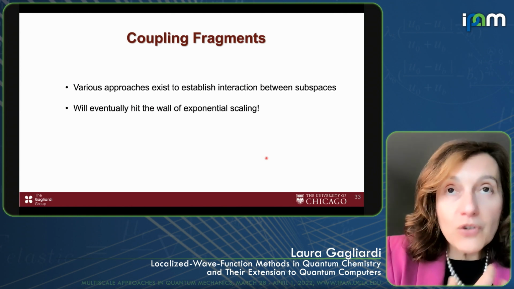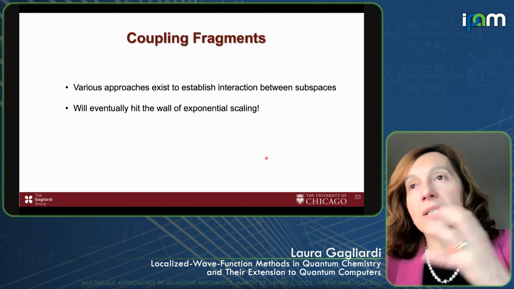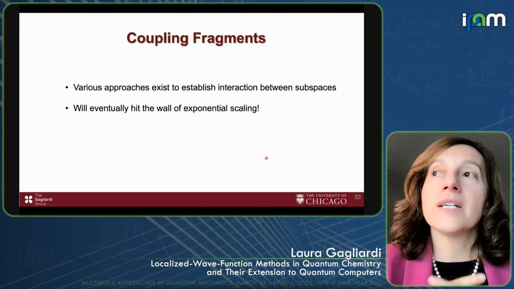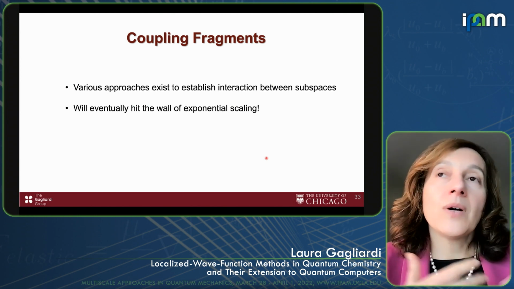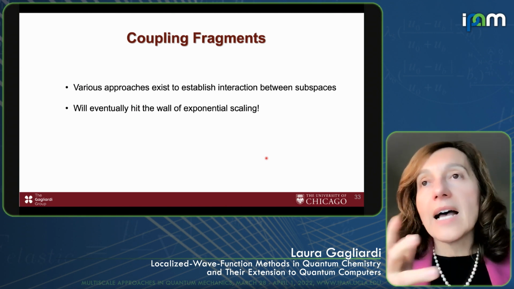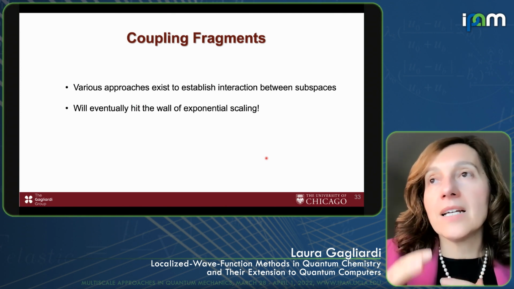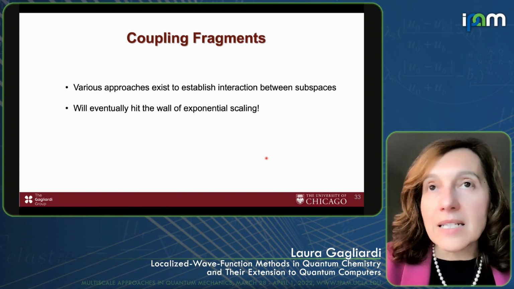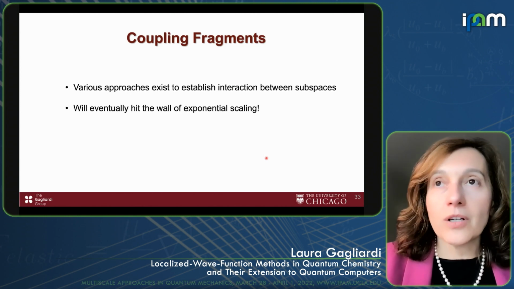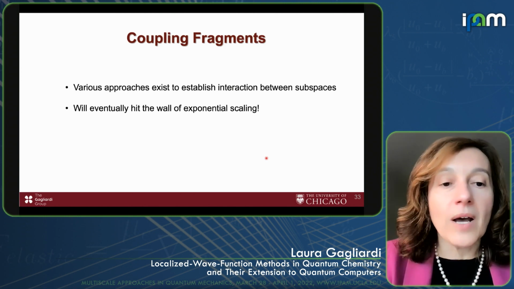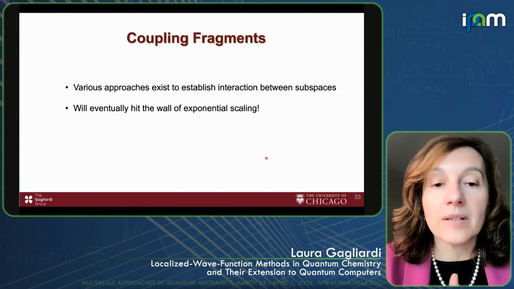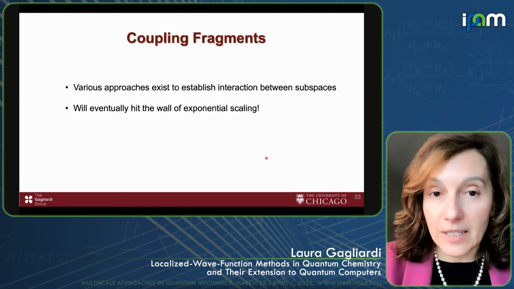There are various approaches. I have described one of them, but the point is that when one goes from LASSCF to LASSI, it means bringing back in the expansion some of the excitations that originally were not included, and so eventually one will meet the exponential scaling again.